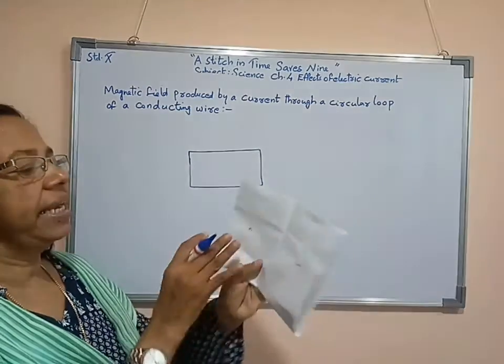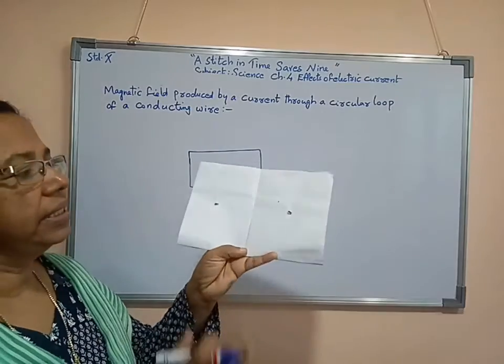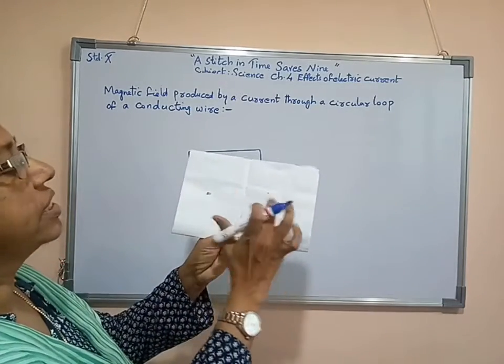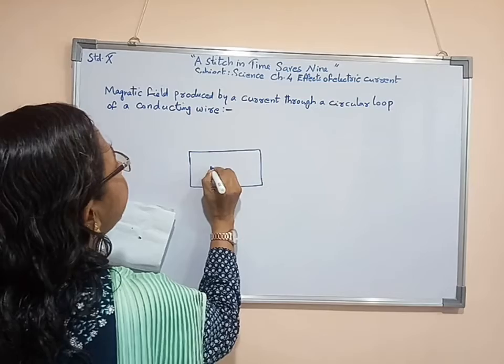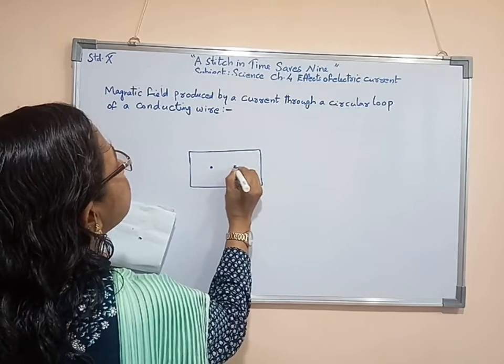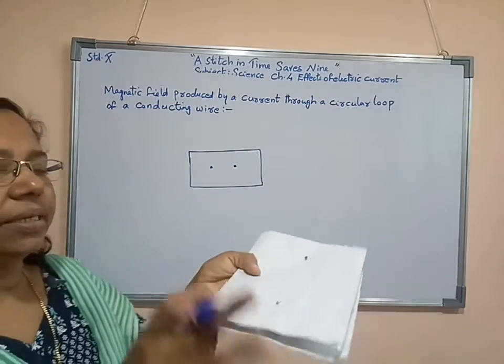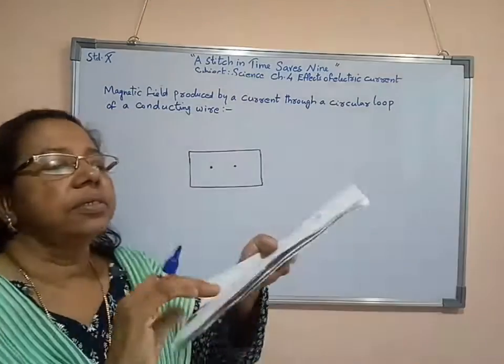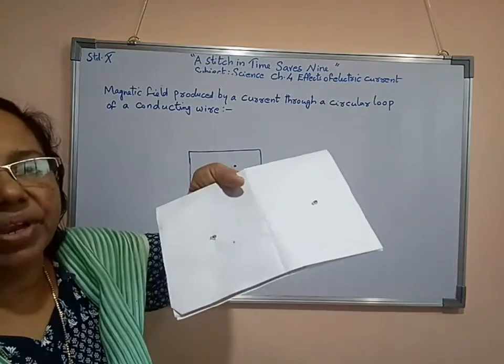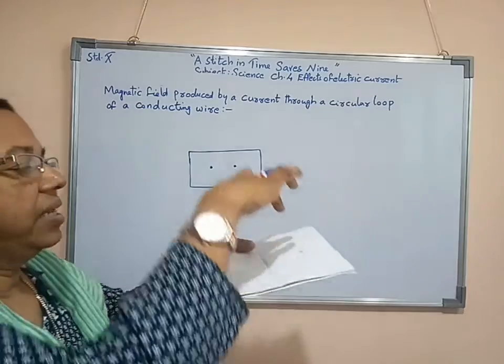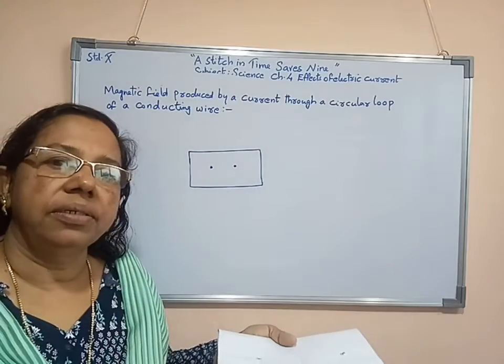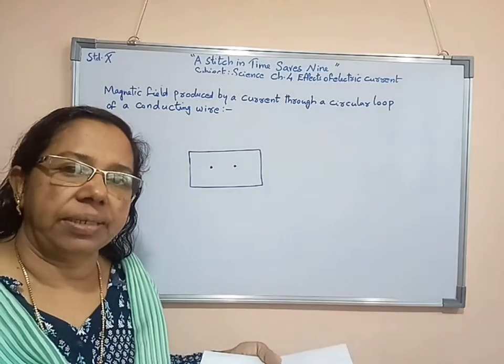Here I have taken a cardboard piece which has two holes. Same way here I am making two holes in this cardboard. So just imagine such a cardboard with two holes; through that we have to pass one loop of the wire.